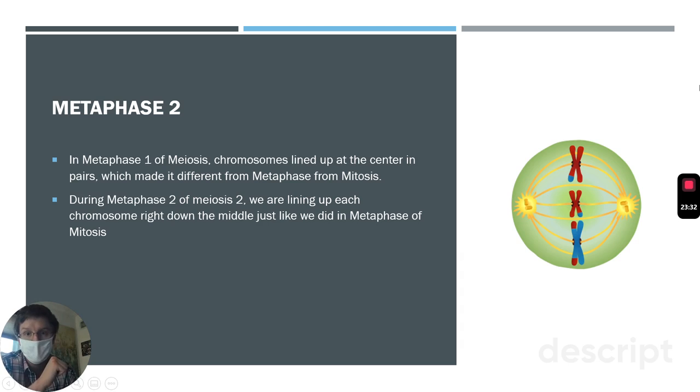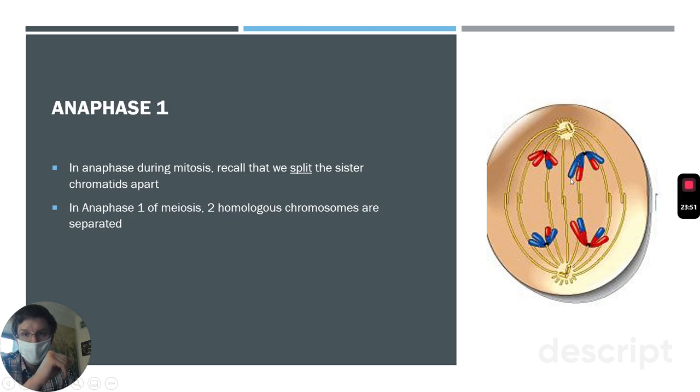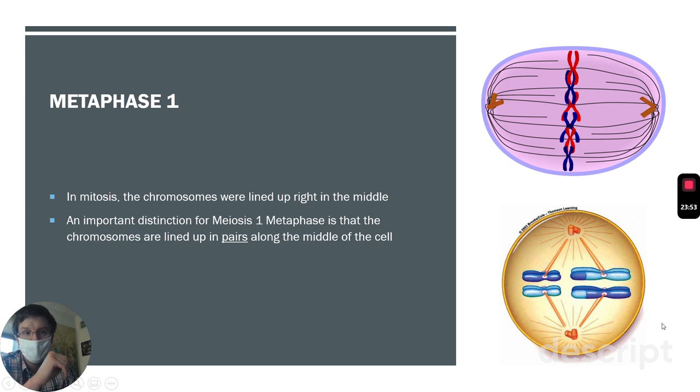For this unit, I generally recommend looking at the flashcards first, going through those 2 to 3 times, and then maybe looking at this video, sort of bringing it all together. So in metaphase 2, they're lined up right down the middle. They're not lined up in pairs like they were for metaphase 1.